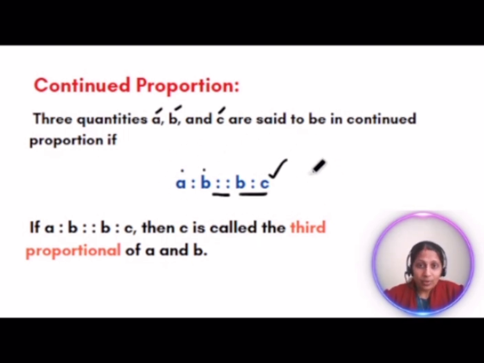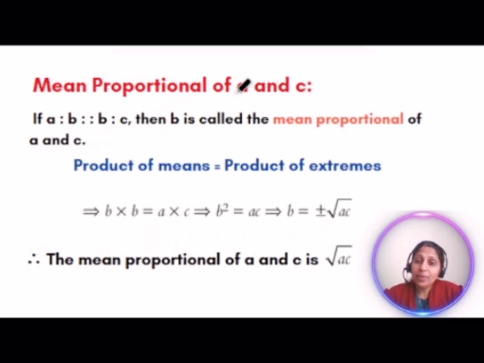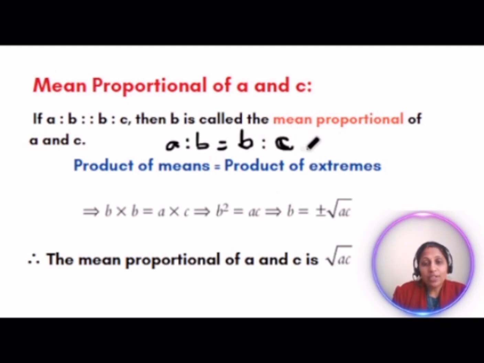Okay. Now, another thing that you have to note in the continued proportion is mean proportion. What is that? Mean proportion of A and C. So we know that continued proportion is A is to B equals B is to C. So we already know that the product of the extremes will be equal to the product of the means. Here both the means are the same, right? So A into C will be equal to B into B, or otherwise B into B will be equal to A into C. So how can B into B be written?